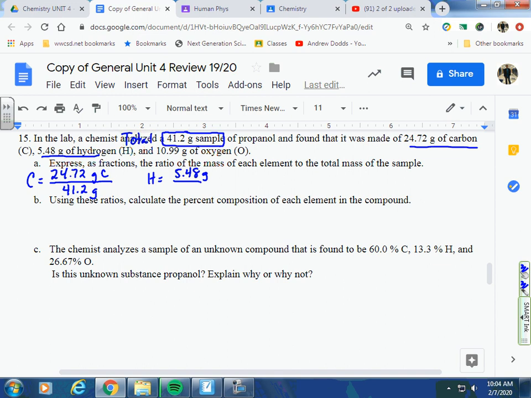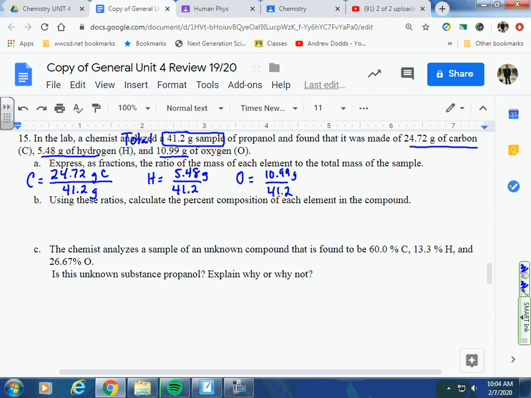Put that over 41.2. And then the oxygen, it says out of those 41.2 grams, 10.99 grams is oxygen. So I do 10.99 grams divided by 41.2. So there are my fractions.